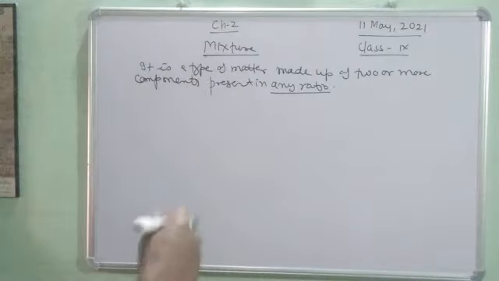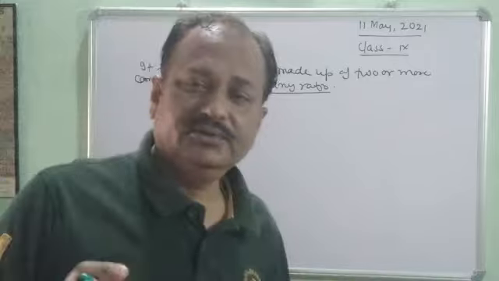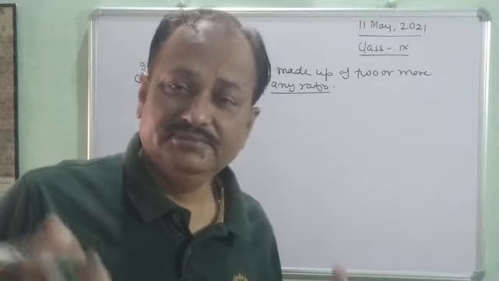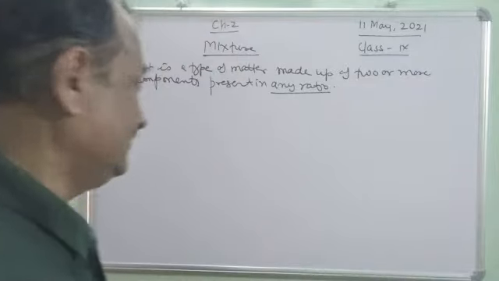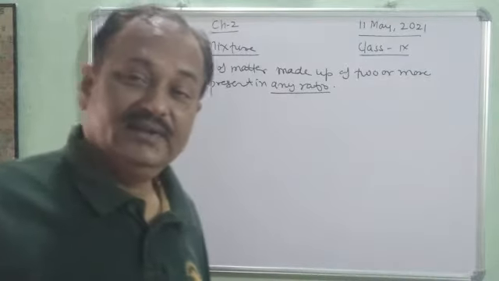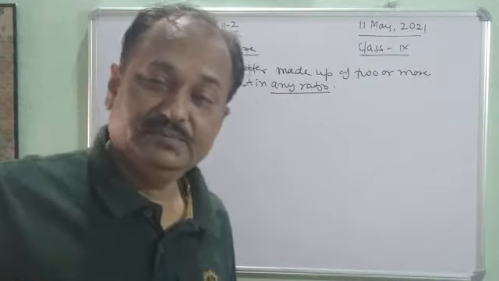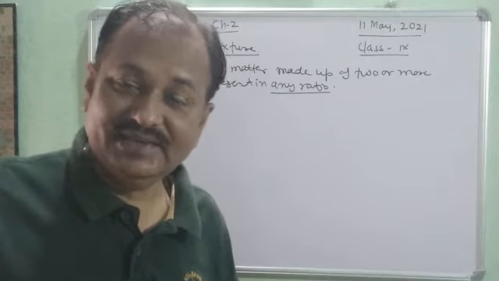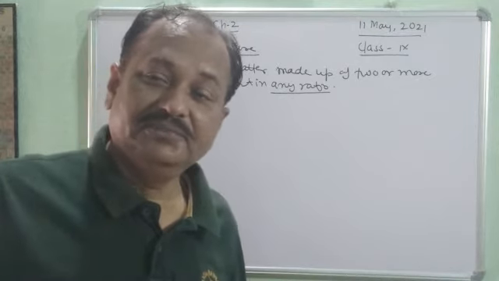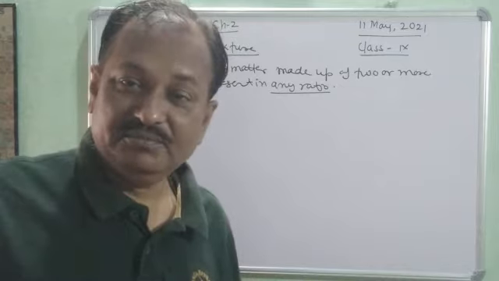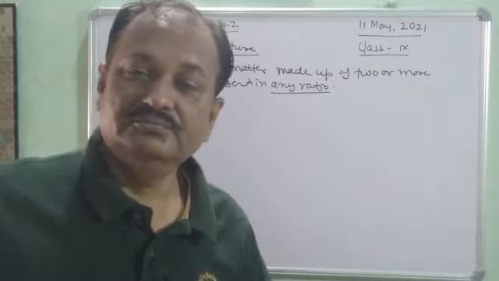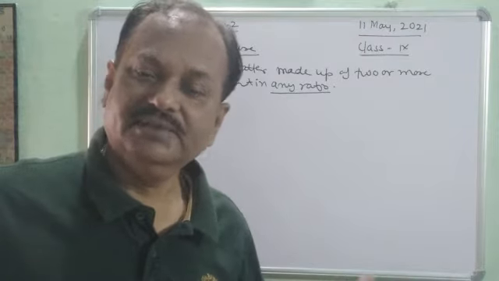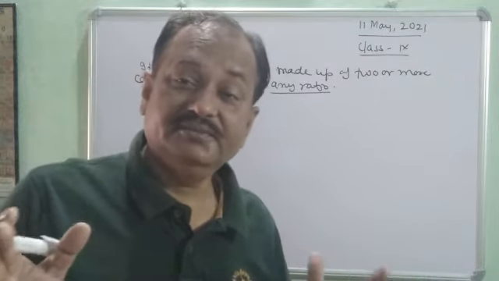Mixtures can be of different types. Take namkeens of different varieties. It is also called a mixture. We go to any shop that sells these snacks, and we can customize as per our requirement. We add more peanuts, more gram, so it is not fixed.